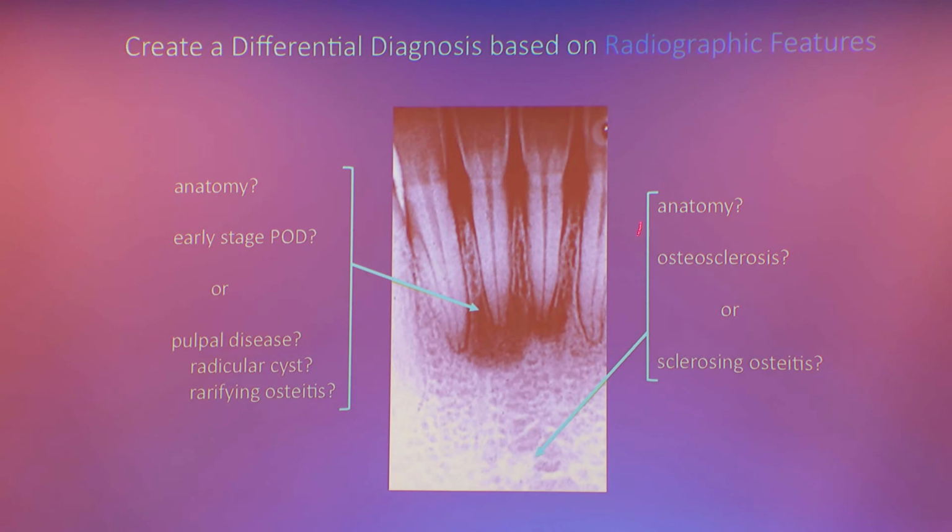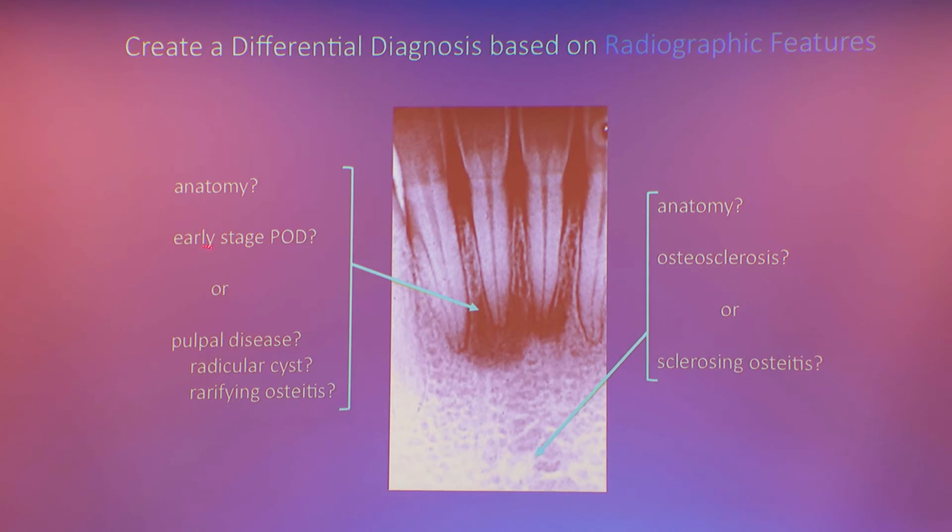Okay, so let's go through this slide also. This is one of the images we just saw. But pulling together some of the things we've gone over already, if I see this image, in my differential, I'm looking at the lucency here. I'm going to consider anatomy because we're in the mandibular anterior, the mental fossa is here, and it will image as a lucency, superimposed with the roots of the anterior teeth.